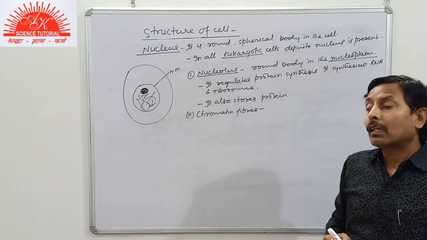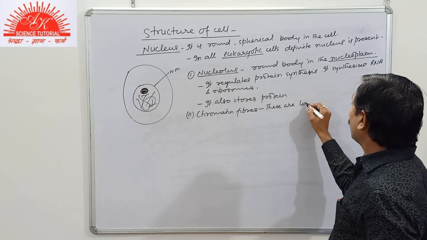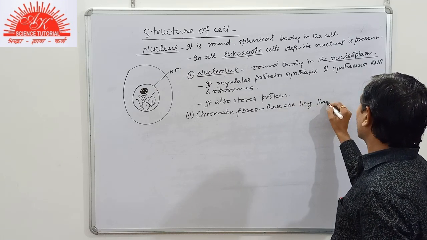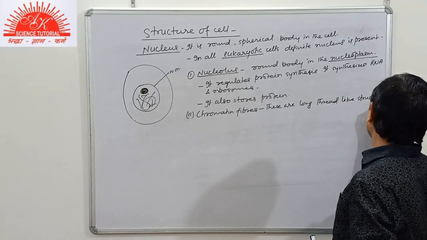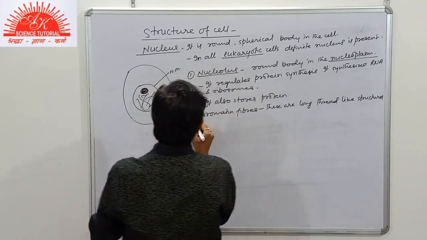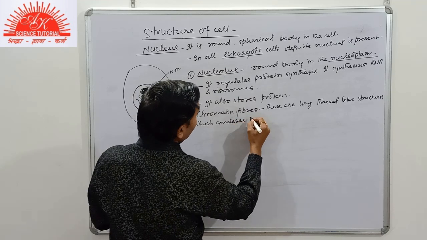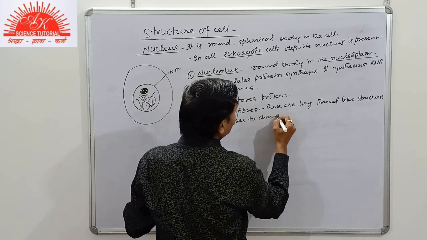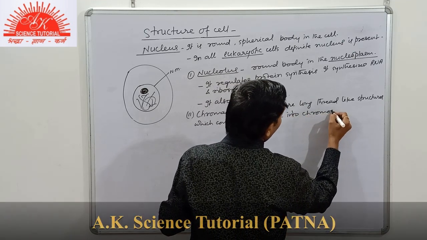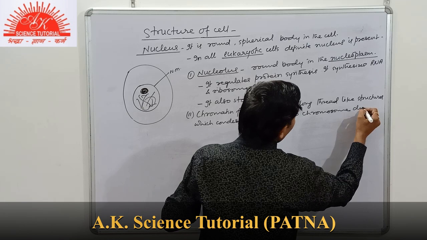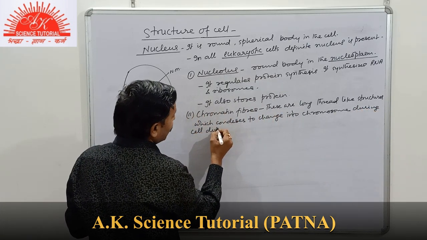These are long thread-like structures which condense to change into chromosomes during cell division.